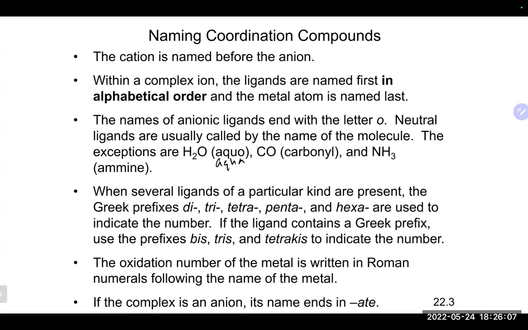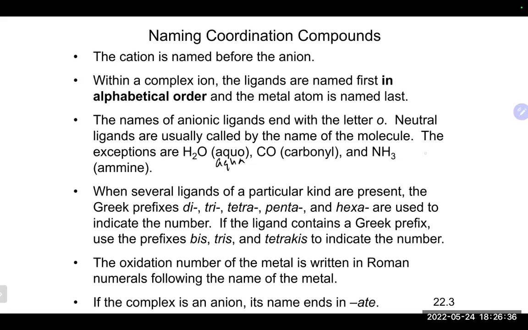As I mentioned a second ago, if you happen to have multiples of the same ligand in a compound or a complex ion, you can use prefixes like di for 2, tri for 3, tetra for 4, penta for 5, hexa for 6. Now, if the ligand already has a prefix in its own name, then you roll to bis, which is 2, tris, which is 3, tetrakis, which is 4.